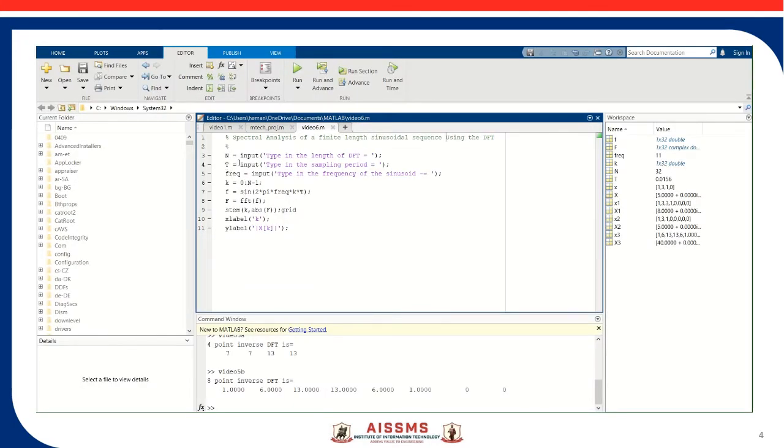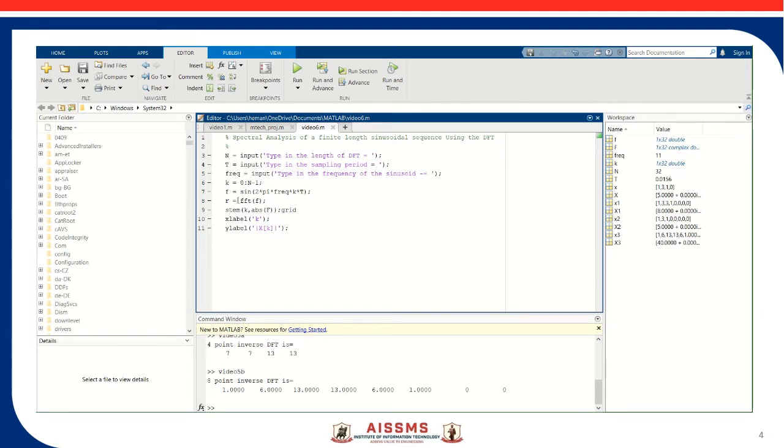So this is a Matlab program in which we are giving the input command to input the number of points of the DFT N, then the sampling period T, and the frequency of the sinusoid.